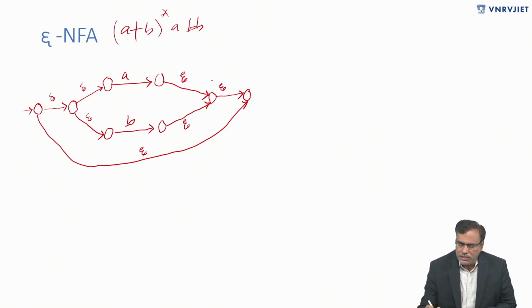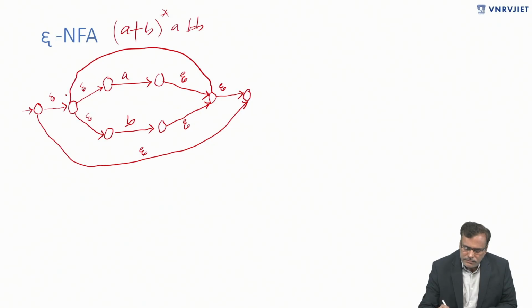And also you will have a transition from the old final state to the old start state. After completion of the construction for union, this was the final state and this is the start state, so you give a transition on epsilon from the old final state to the old start state.